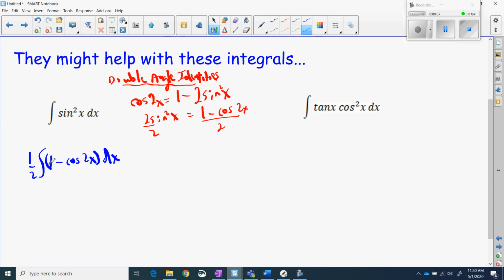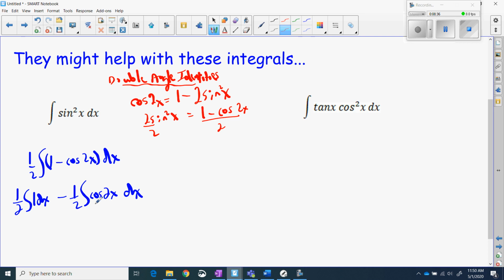I can do the integral of 1. It's just simply x. This one, the integral of cos u, is one of my differentiation rules now. And the only thing missing is the du, which is only a constant 2. So essentially what I've got now are two separate questions. 1/2 integral of 1 dx minus 1/2 integral of cosine 2x times dx.